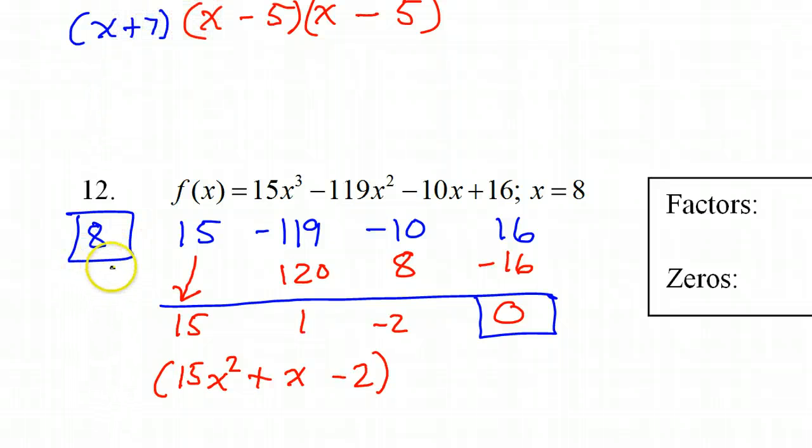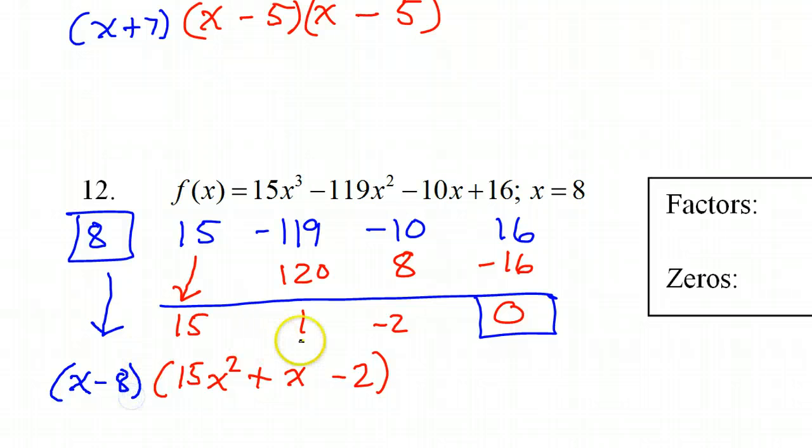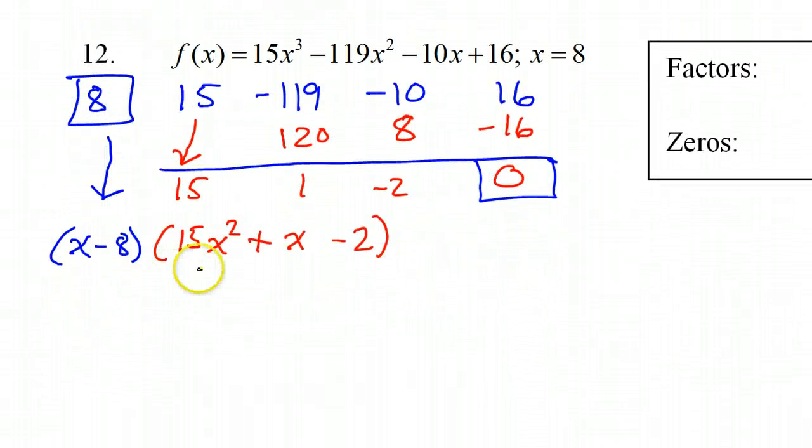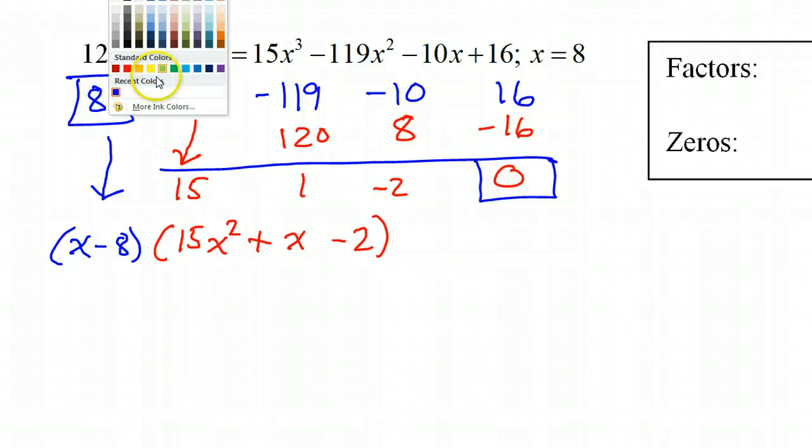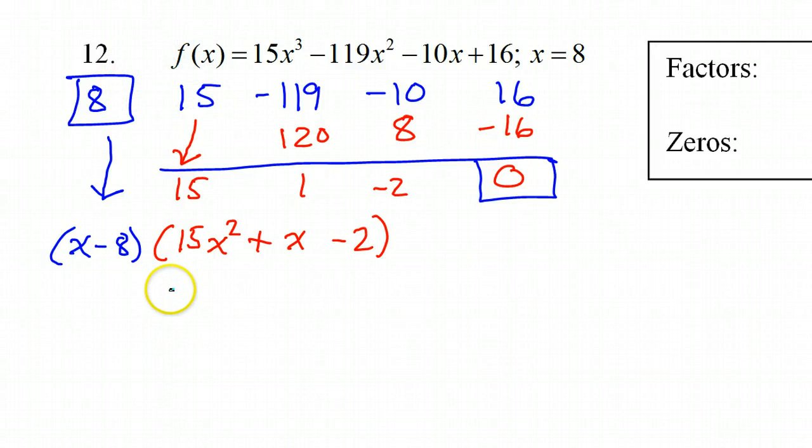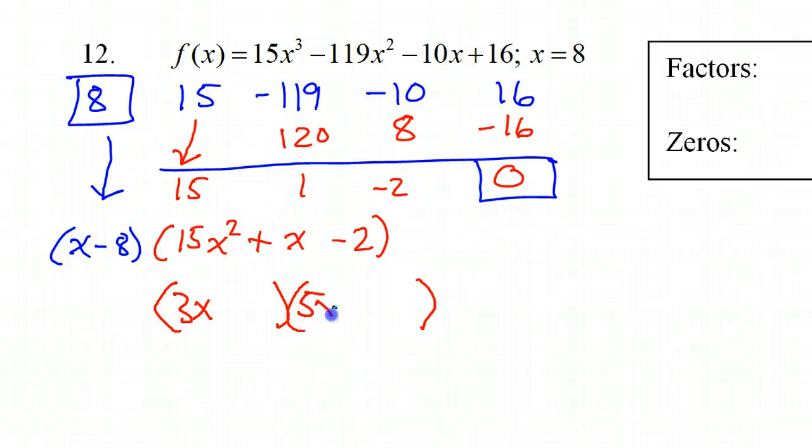All right, this 0 of 8 would come from a factor of x minus 8. All right, now we just have to factor this further. I'm betting this 15 is going to factor as 3x and 5x.